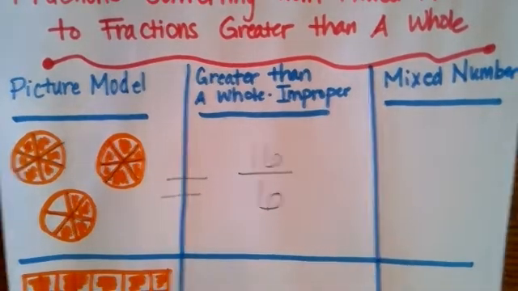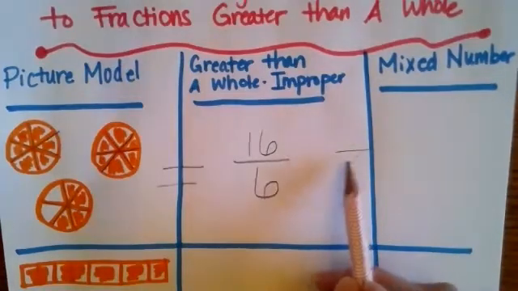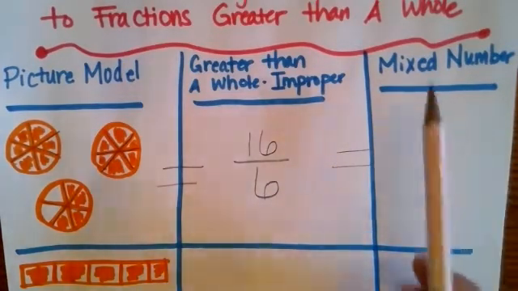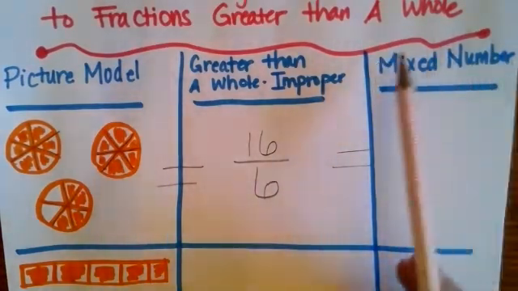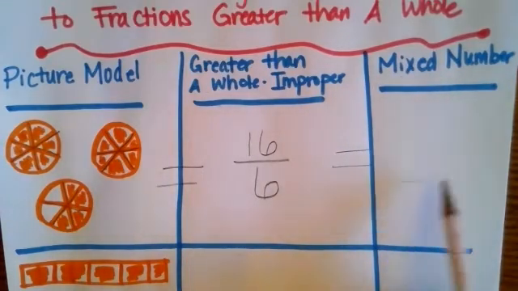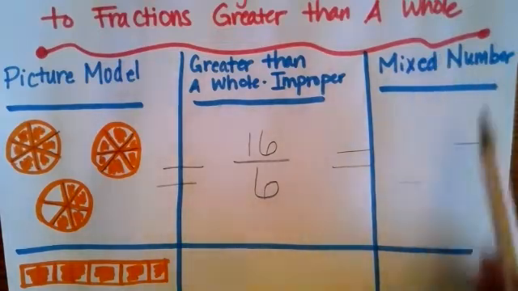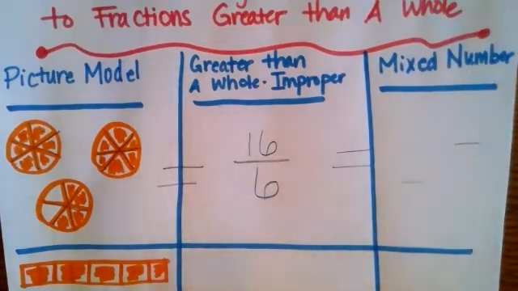They now say, all right, we want you to write that exact same fraction one more way. And this time the title of our column says mixed number. I know I'm going to have a whole number, and then I'm going to have a fraction, because to be a mixed number, you need those 2 things. It's a mixture. I'm going to now break this down and take a look here.